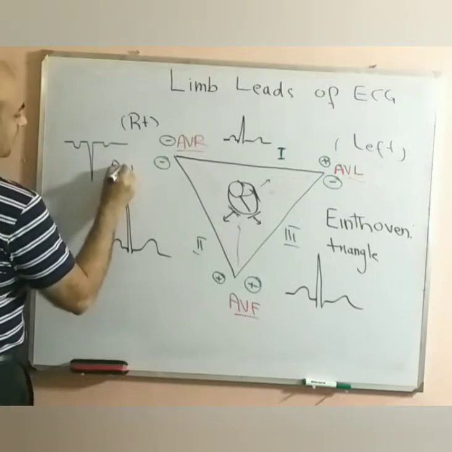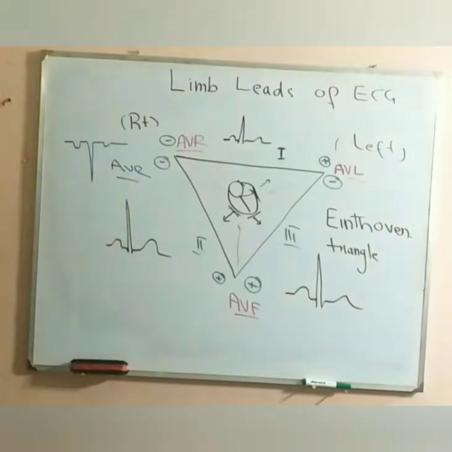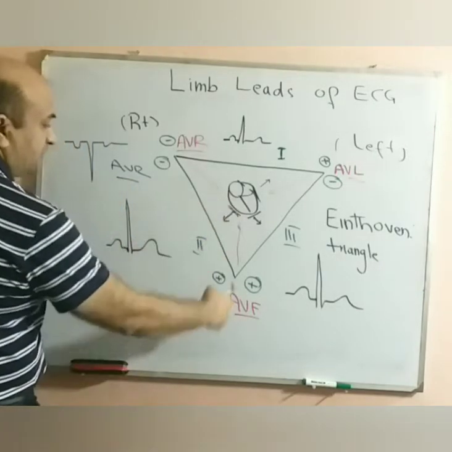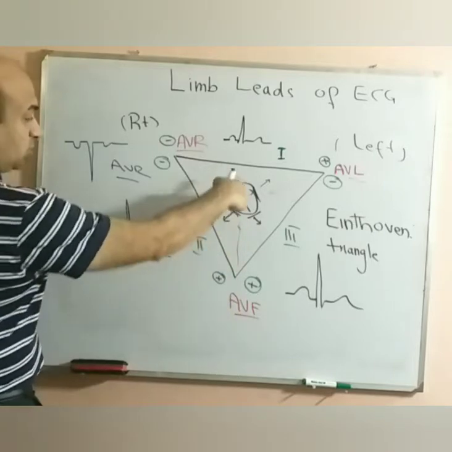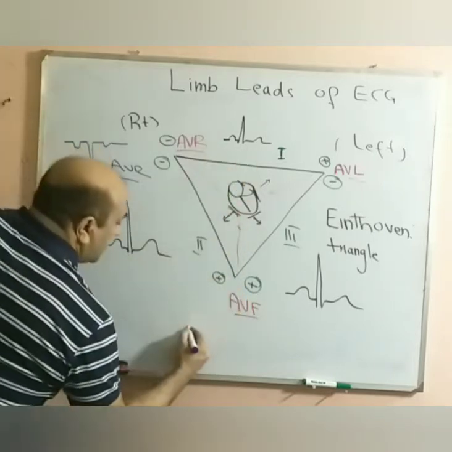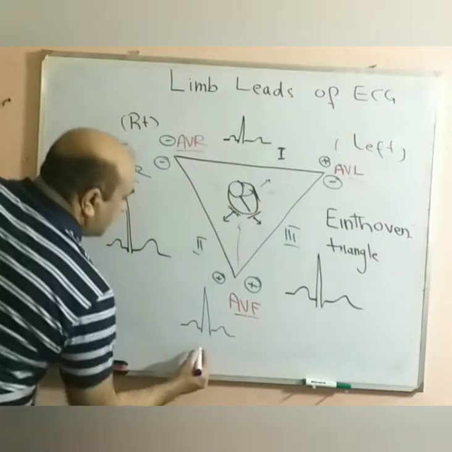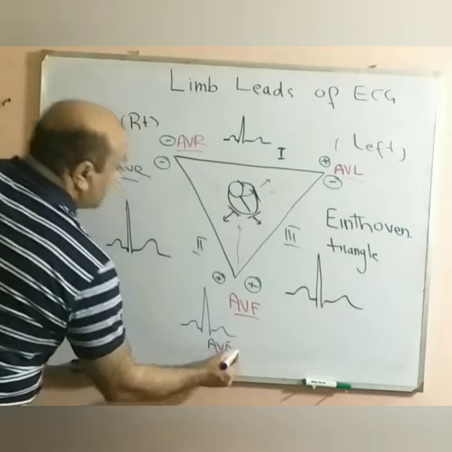So AVR is always a negative lead. AVF is purely a positive lead because the wave of depolarization is going towards AVF, and AVF makes a positive deflection.